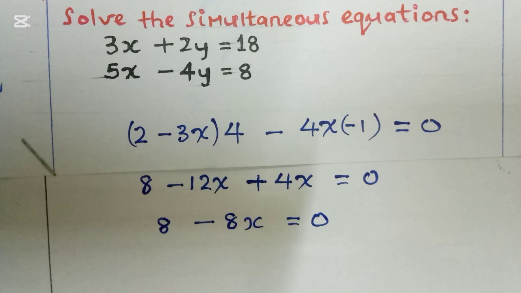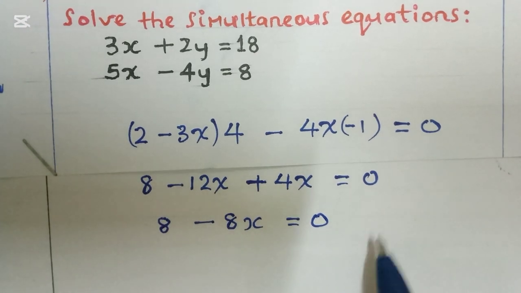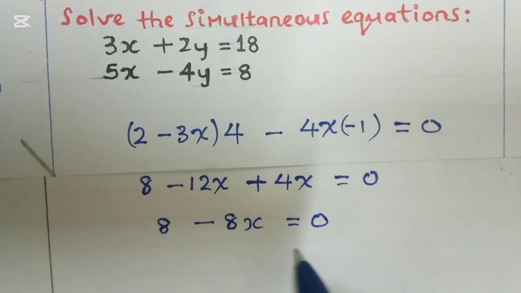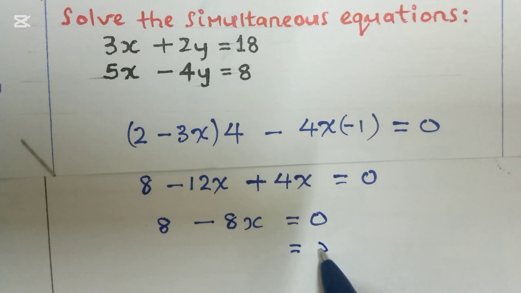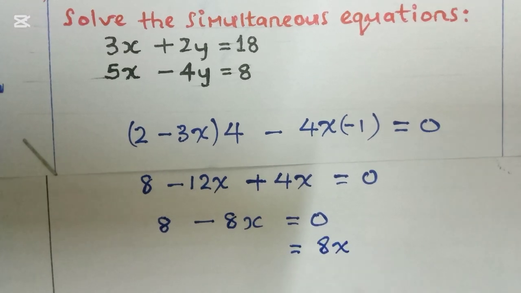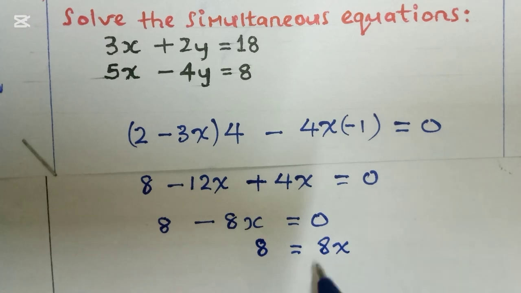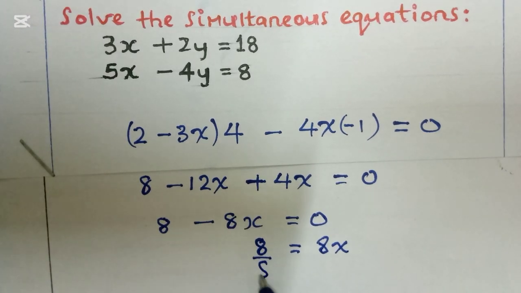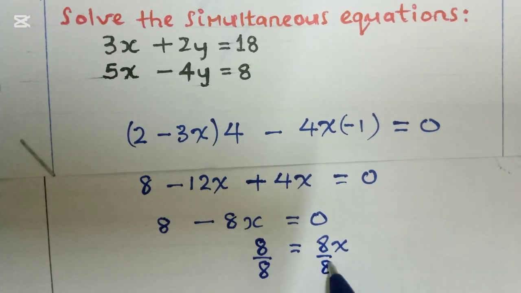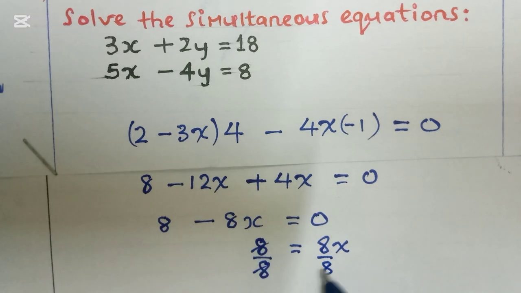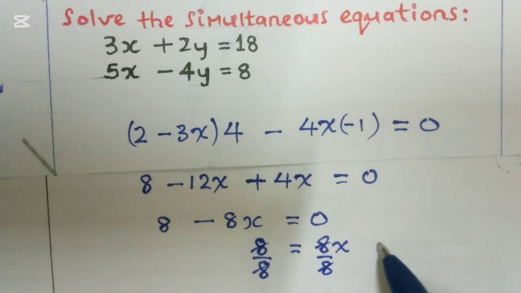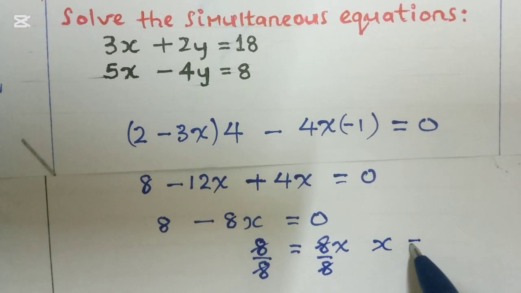We can now move this negative 8x to the other side, so that now we have 8x, and on this other side we have 8. So guys, we can now divide by 8 on every side. So we now get x is equal to 1.